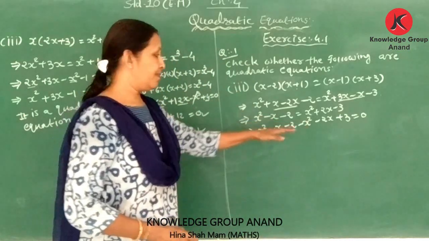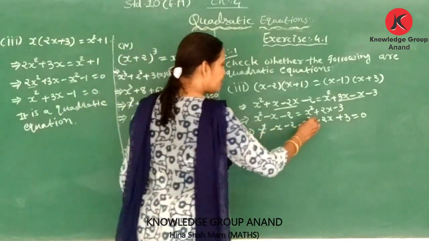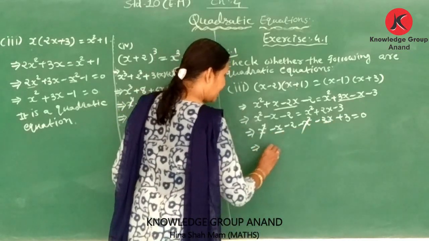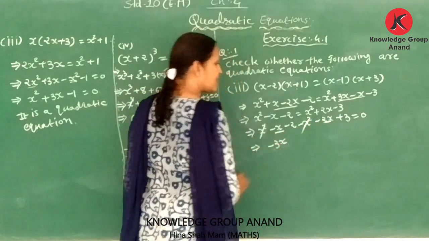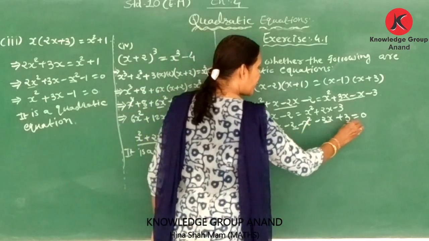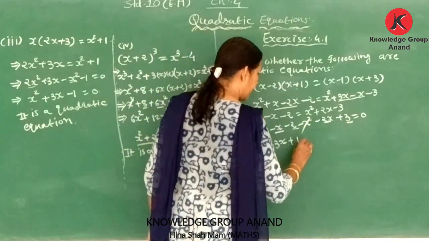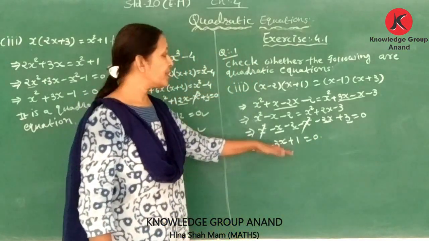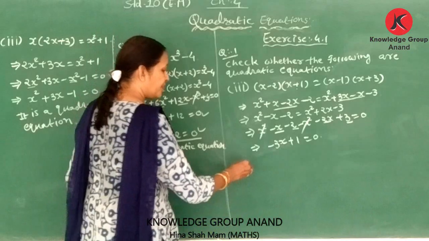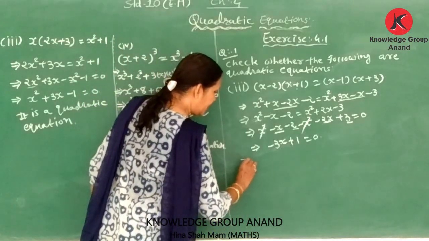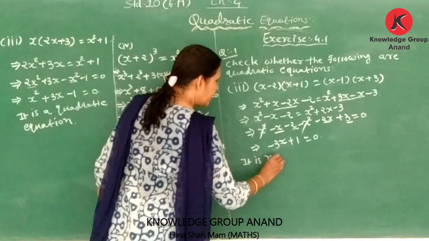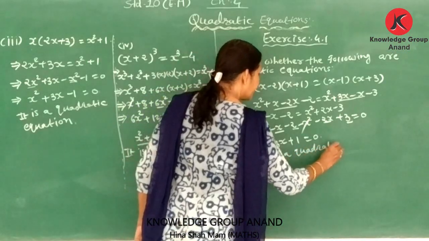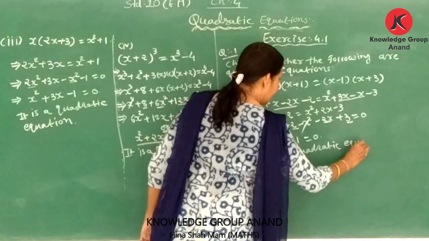Then change the sign: x square minus x minus 2x, it becomes minus 3x, minus 2 plus 3 plus 1 equals to 0. Is it a quadratic equation? No. Then we write it is not a quadratic equation.